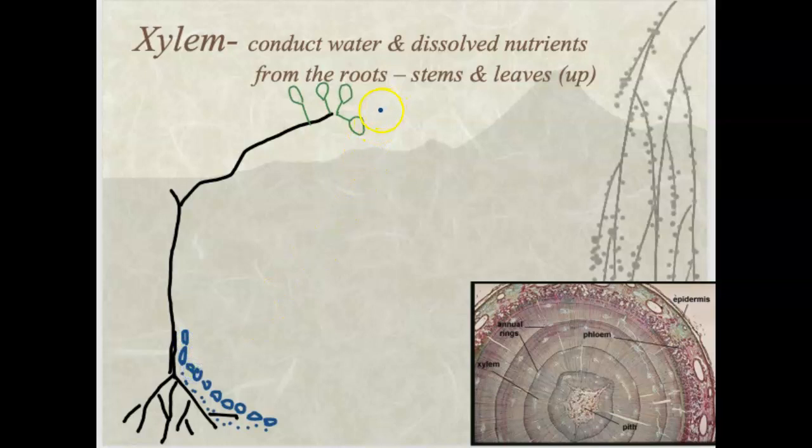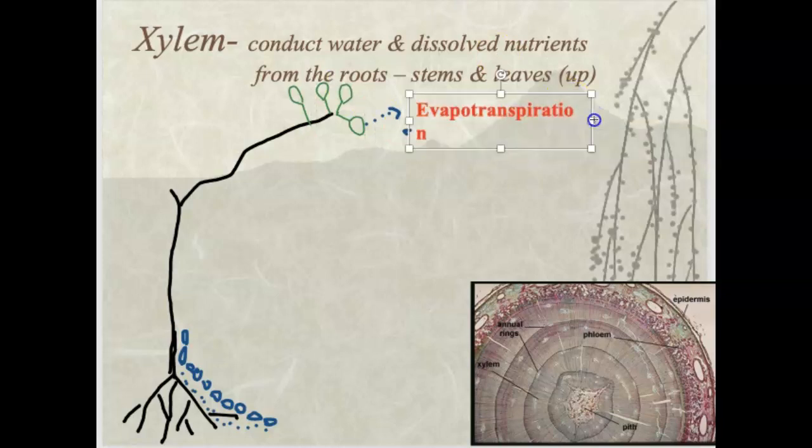Now at the very top of the plant, water is going to evaporate out. This is known as evapotranspiration. Okay, so that is the process of water evaporating out of the plant leaf.